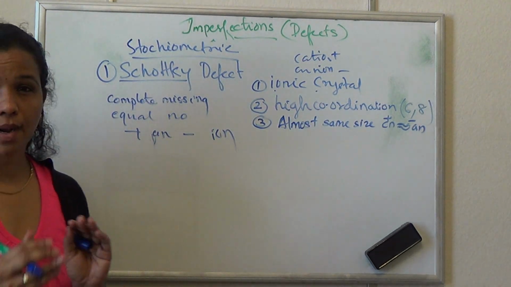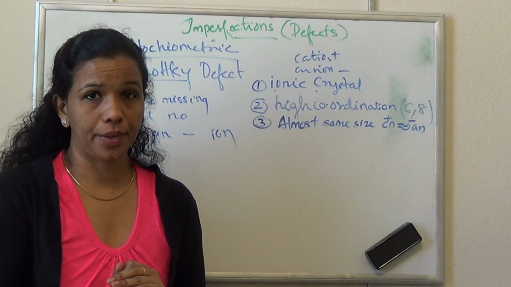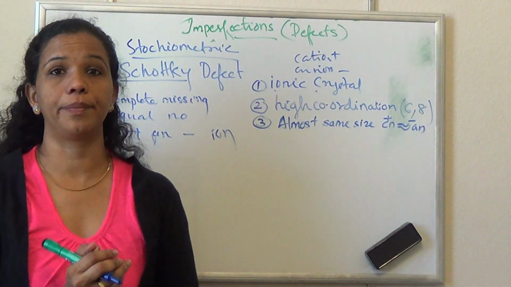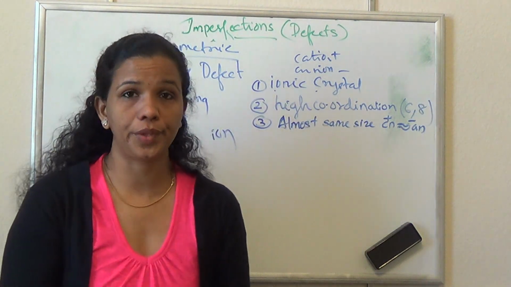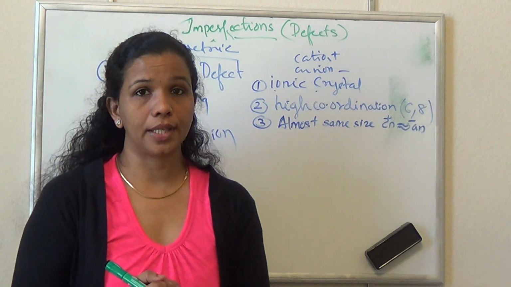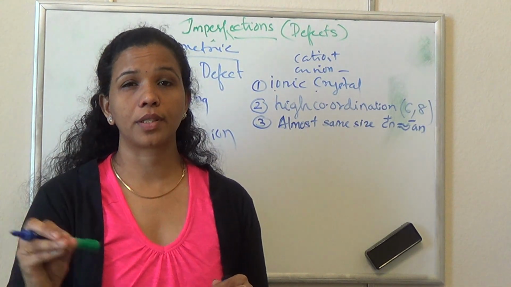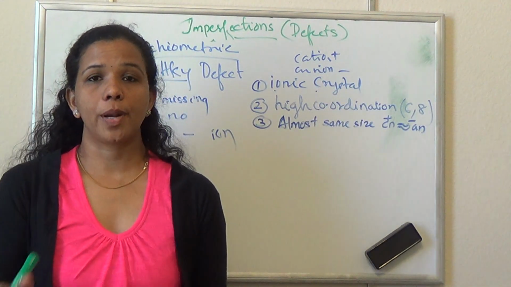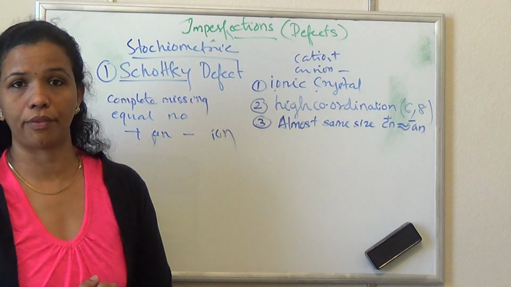So it is a complete missing of an equal number of cations, positive charge ions, and anions from the crystal lattice. When we observe a part of the crystal, we can find that an equal number of positive and negative ions are completely missing. We cannot find them anywhere there. Completely missing from the crystal lattice. That is called the Schottky defect.